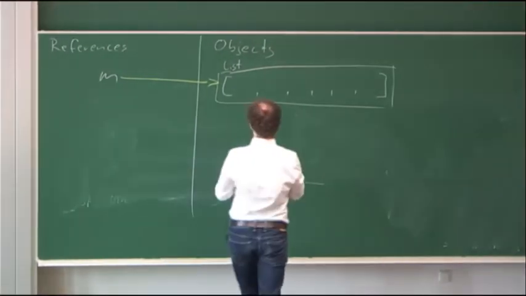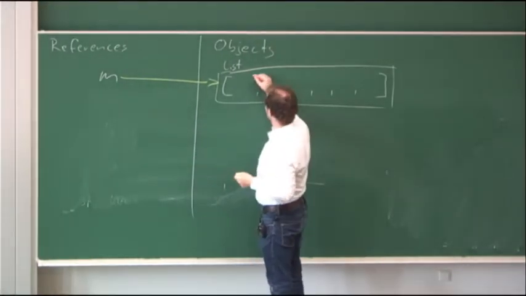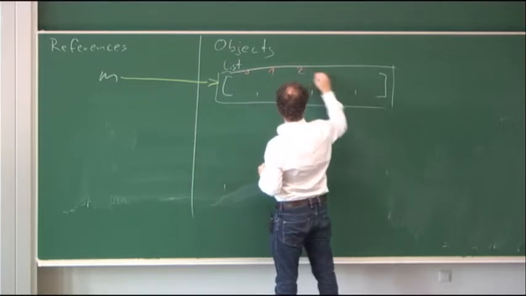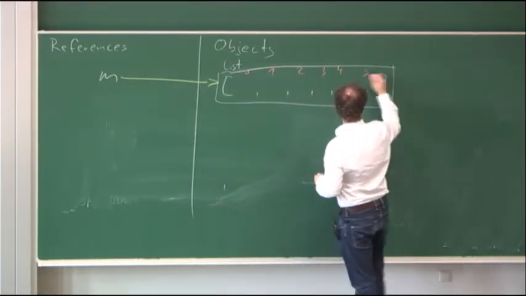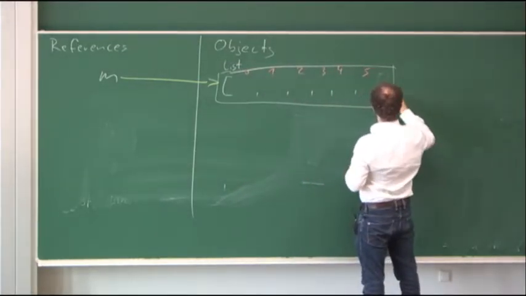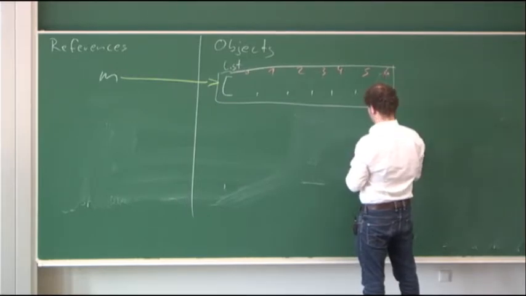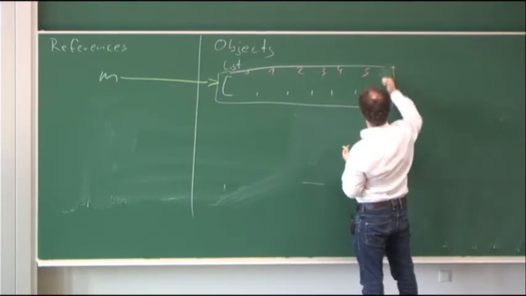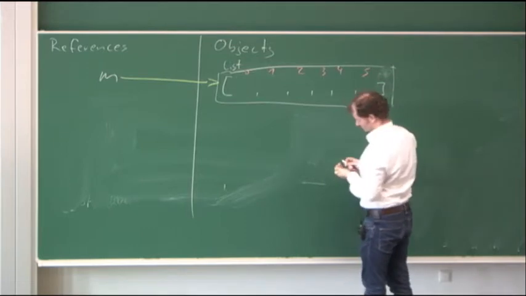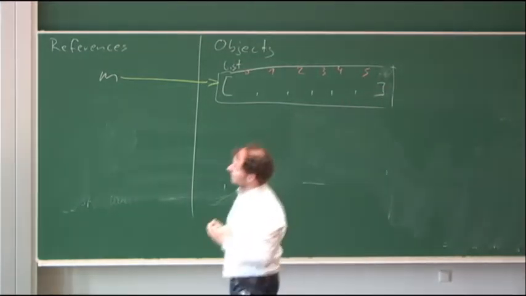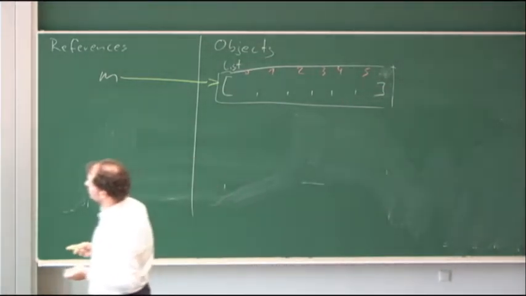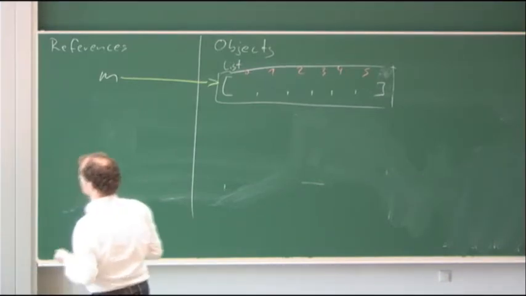And these positions in the list are numbered. We start counting at 0. 0, 1, 2, 3, 4, 5, oh, 0 to 5, sorry. And the elements that are in there are 2, 3, 5, 6, and 1.